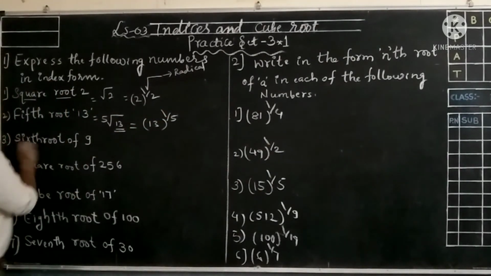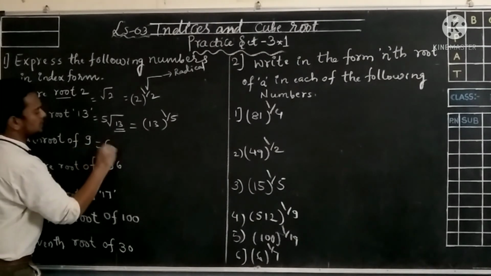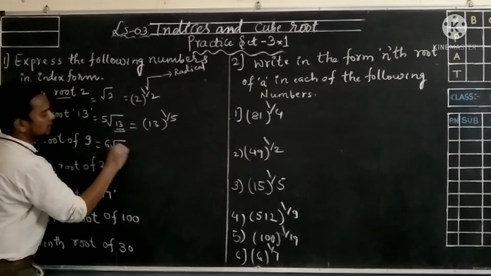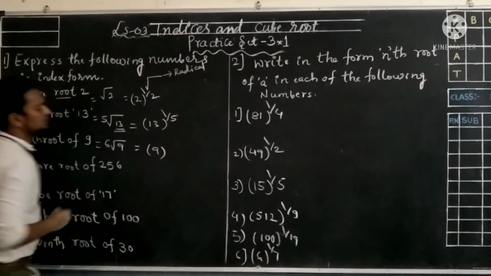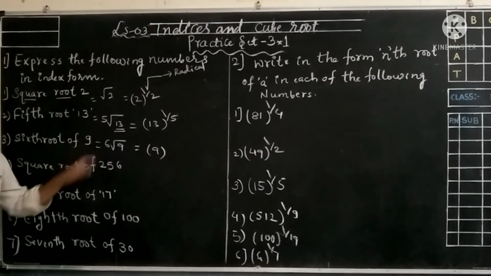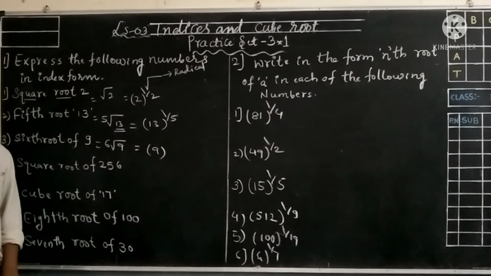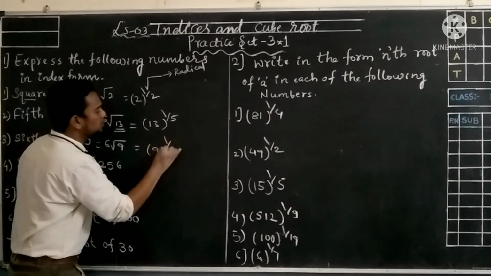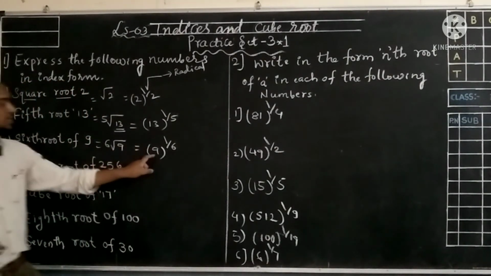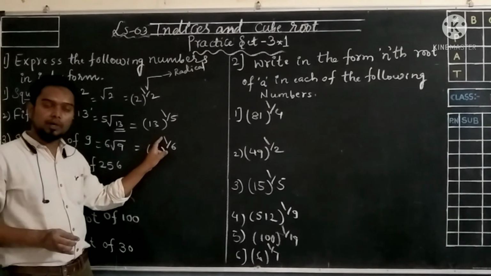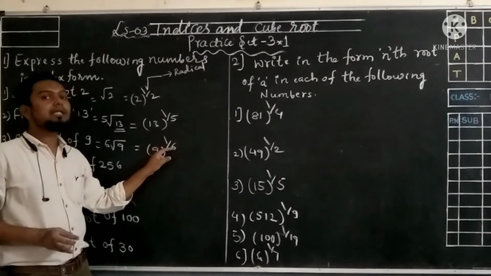Here also sixth root of 9. Now we will write this 9 as it is. This sixth root is converted into 1 upon 6 according to rule. Sixth root 9 means 9 to the power 1 upon 6.